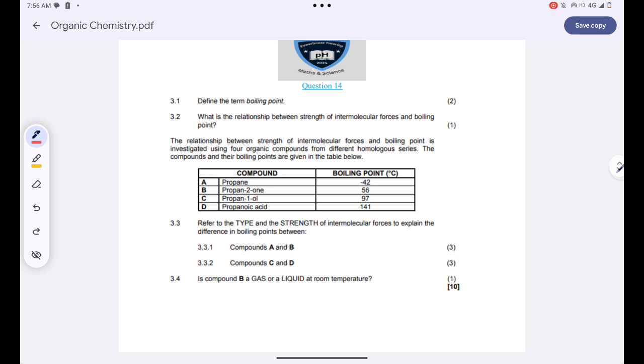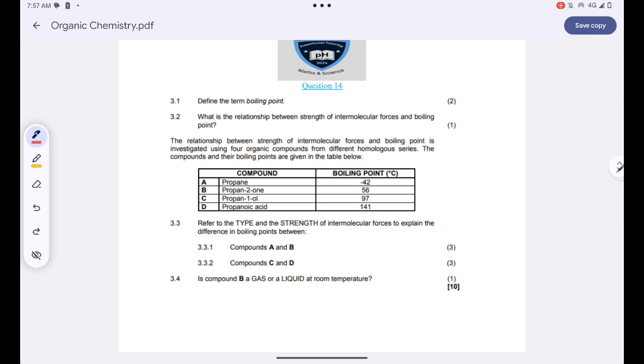Okay, the relationship between strength of intermolecular forces and boiling point is investigated using four organic compounds from different homologous series. The compounds and their boiling points are given in the table below.